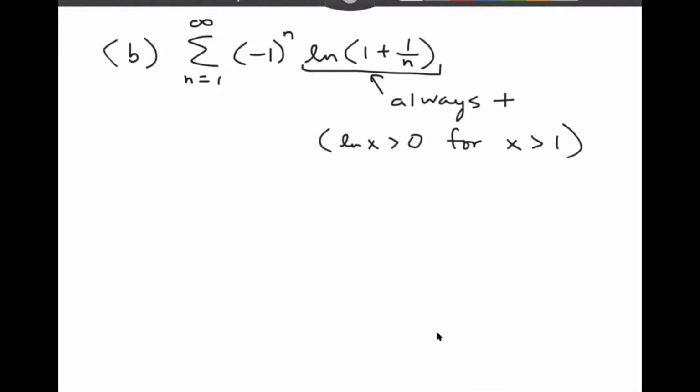And 1 plus 1 over n is always going to be greater than 1. It starts off at 2 when n equals 1. You have 1 plus 1 over 1. And then the inside of that natural log function does start to decrease, and it's approaching 1, but always staying greater than 1. Okay. So the next question is, is natural log of 1 plus 1 over n decreasing?